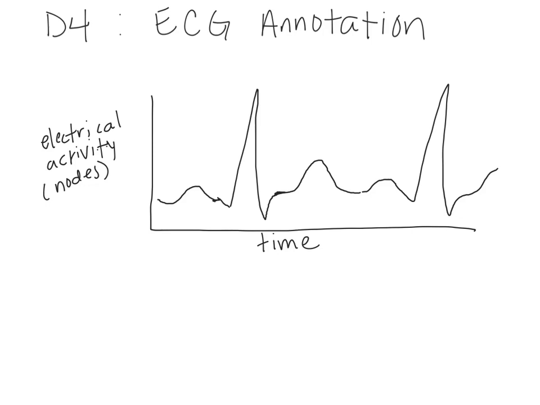All right, so let's annotate what's happening here. This is called the P wave, and the P wave shows the SA node firing. And of course, we know that when the SA node fires, both the right and left atrium contract.